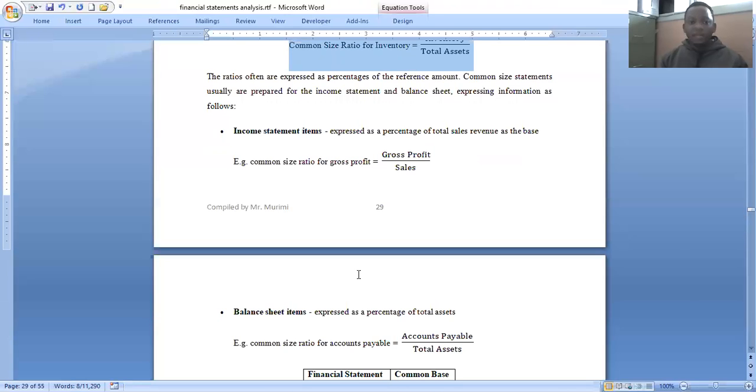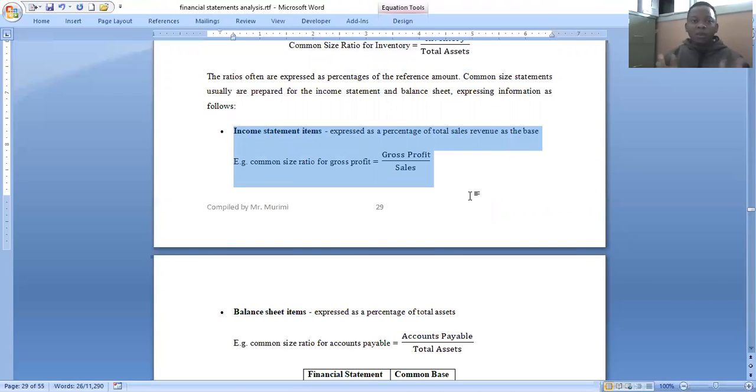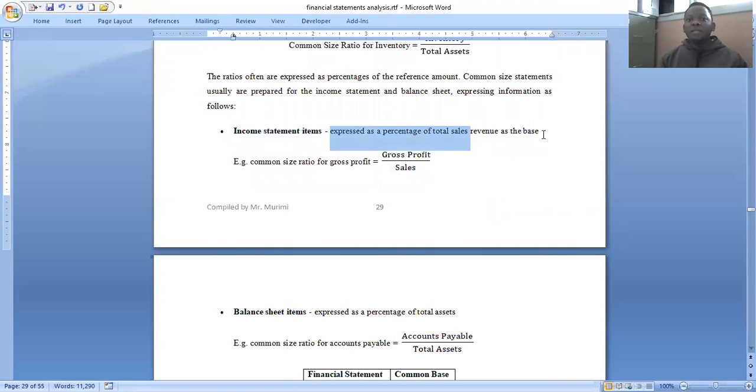We've said that you can prepare common size financial statements for both the income statement and the balance sheet. When we prepare the common size financial statement for the income statement, which will also be known as a common size income statement, each item in the financial statement is expressed as a percentage of sales. So for the income statement, the common size ratios are expressed as a percentage of total sales.